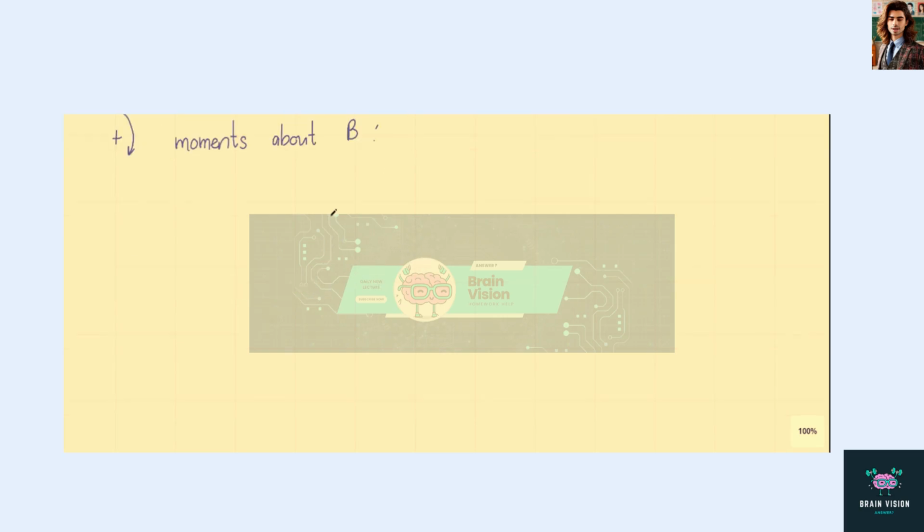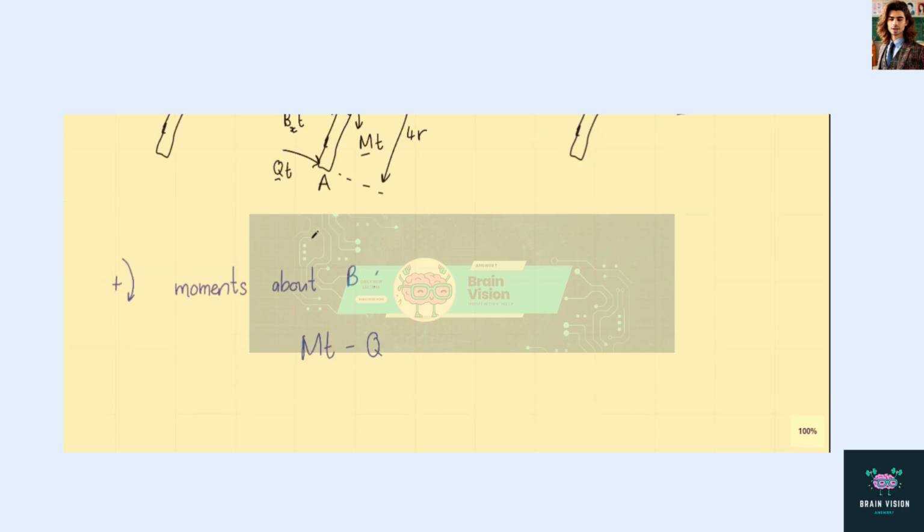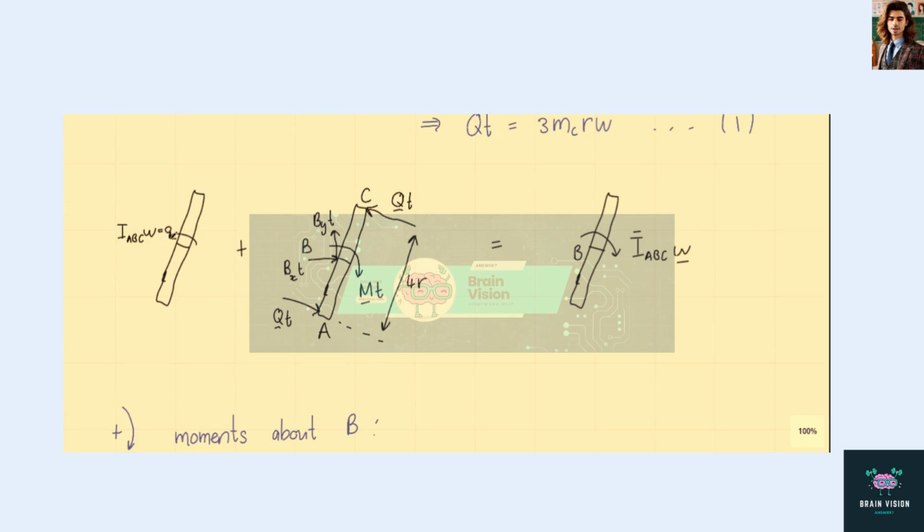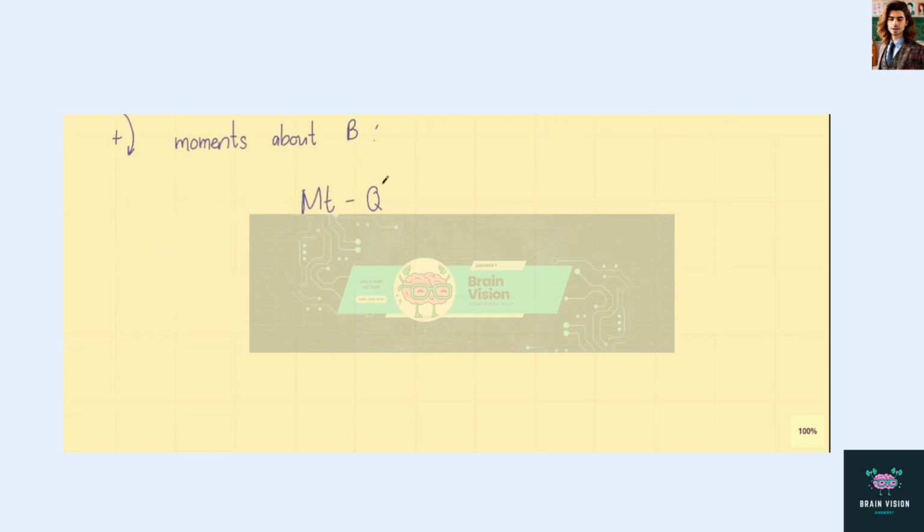And if we do this, we get that MT minus, well, the first term is 0 since the rod is initially at rest. For the impulse, we have MT minus QT times 4r.